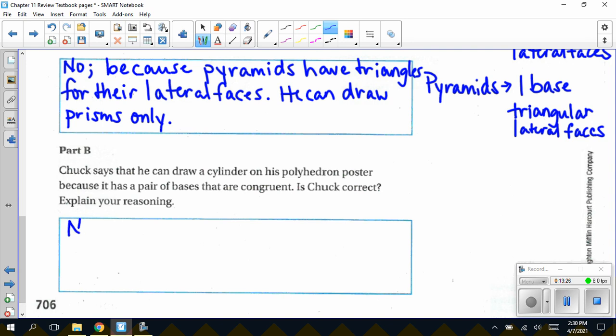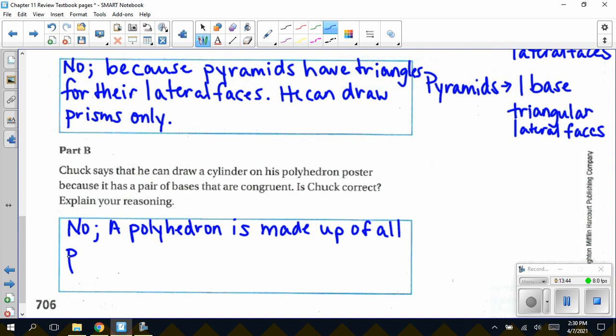So no, a polyhedron is made up of all polygons.